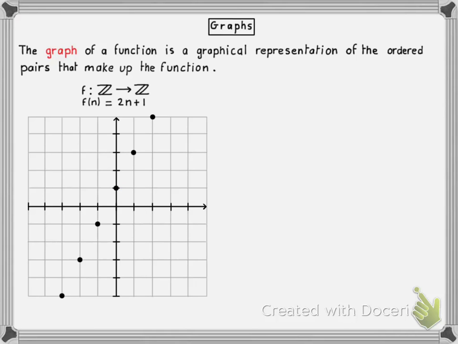However, this graph is not a line because the domain of the function is the set of integers, not the set of real numbers. So we don't have a value here or a point anywhere between 0 and 1 because that's not even in the domain of the function. So that's why instead of drawing a line, we have to draw discrete points where the integers are, because the domain of the function is the integers.